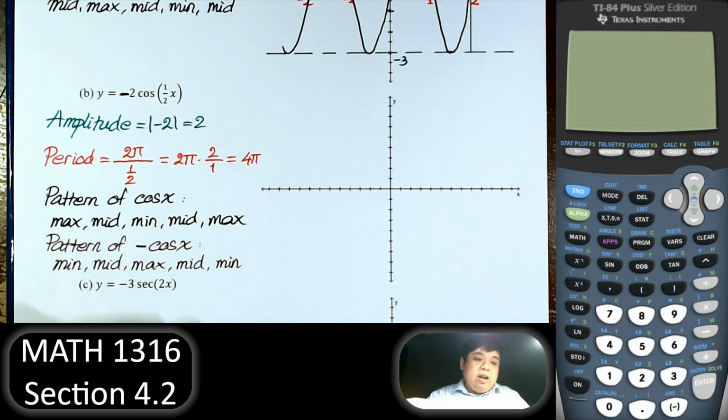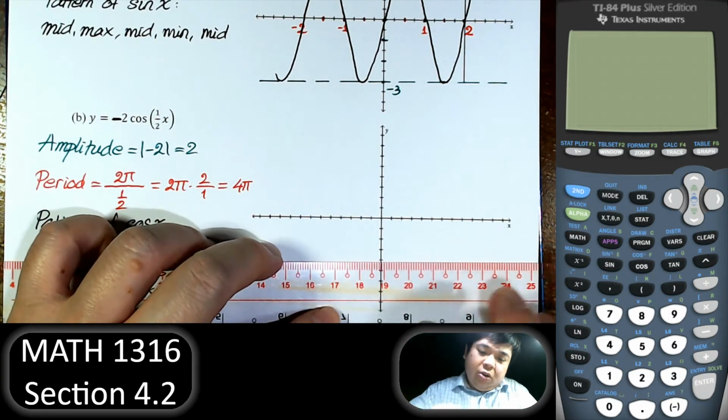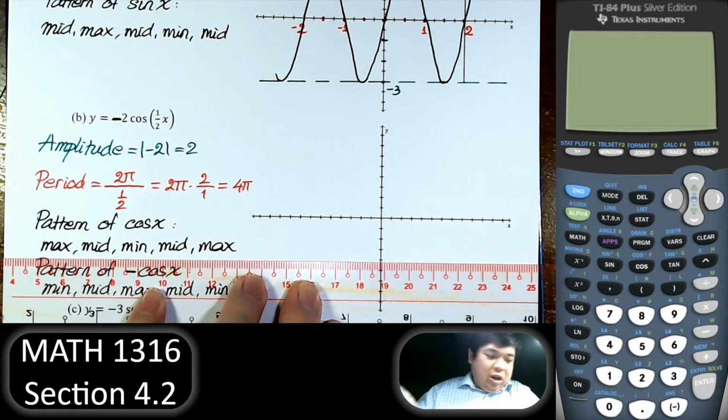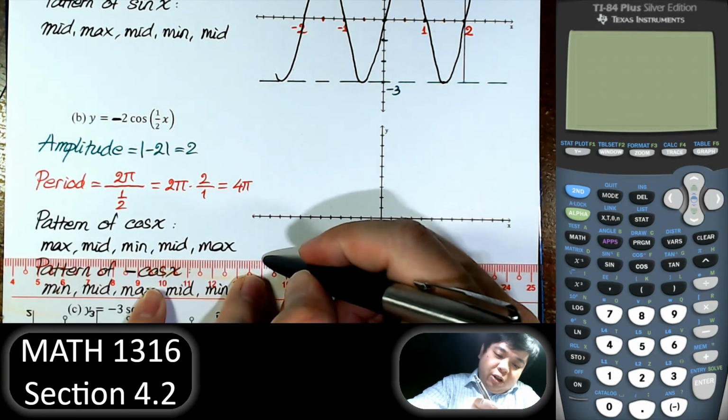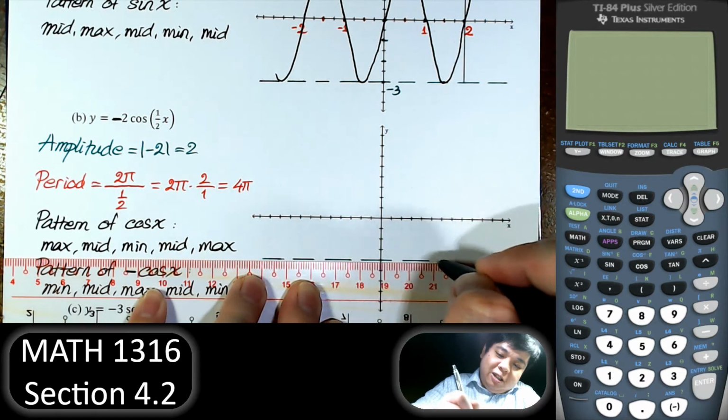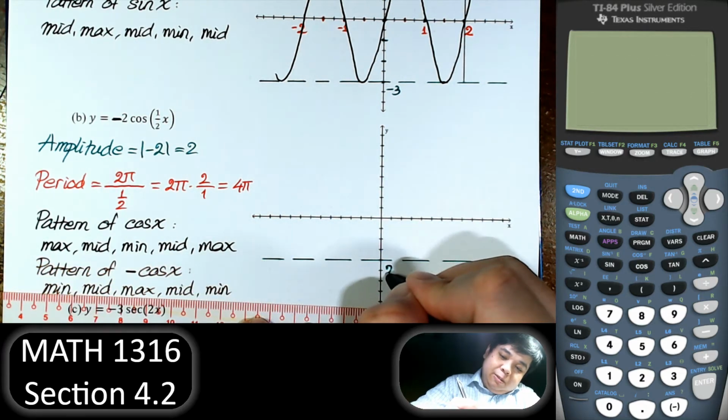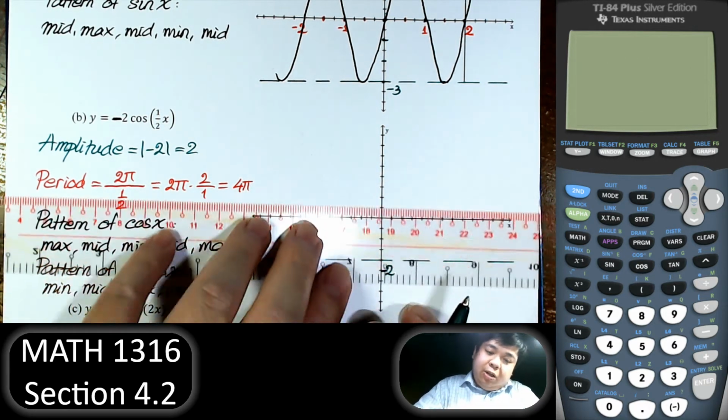Put it all together. Amplitude is 2, so let's just choose some numbers: 2 up and 2 down.